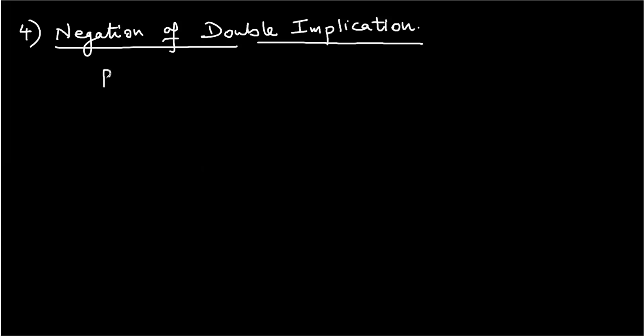It is P double implication Q. This is a biconditional statement, P double implication Q. And I want to write the negation of this double implication statement.